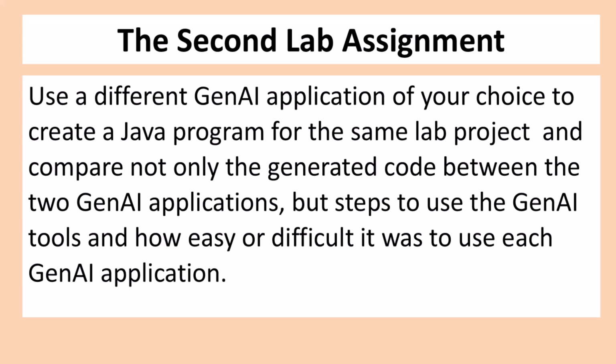Do not ask a GenAI tool to compare itself to another tool. Use a different GenAI application of your choice to create a Java program for the same lab project and compare not only the generated code between the 2 GenAI applications, but the steps you used for the GenAI tools and how easy or difficult it was to use each GenAI application.